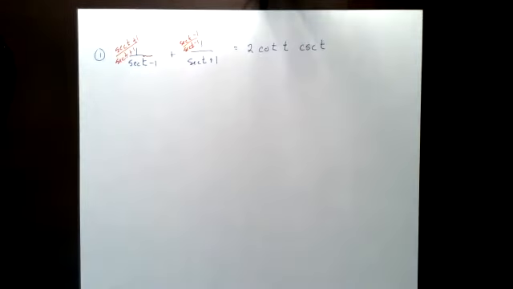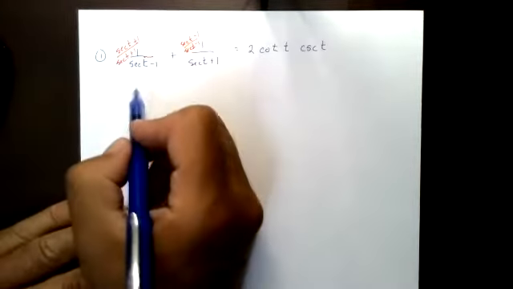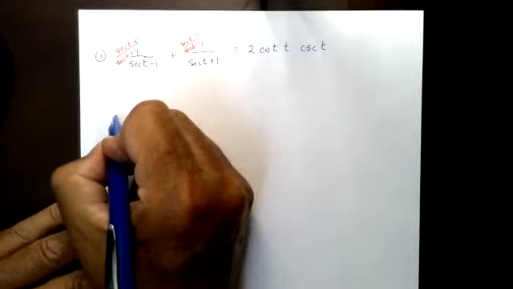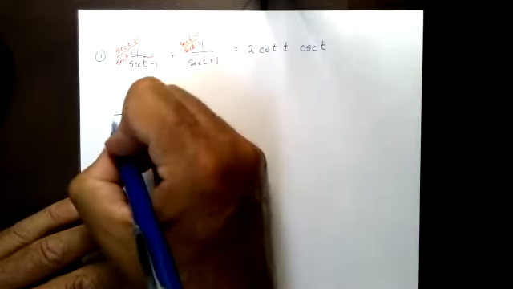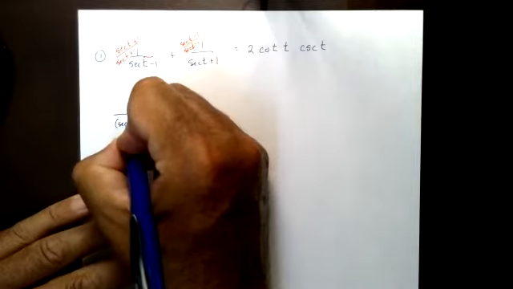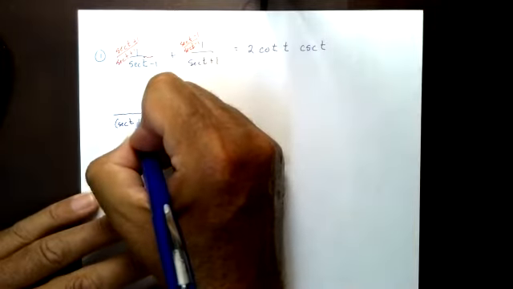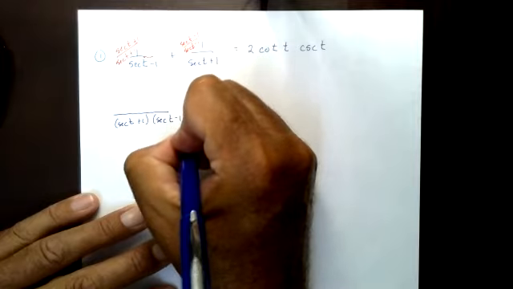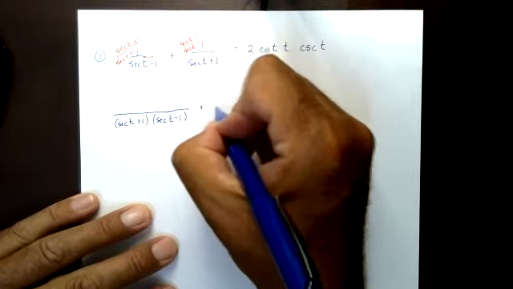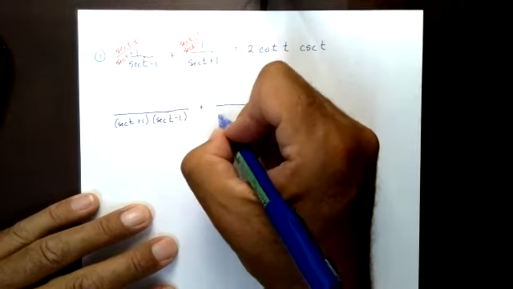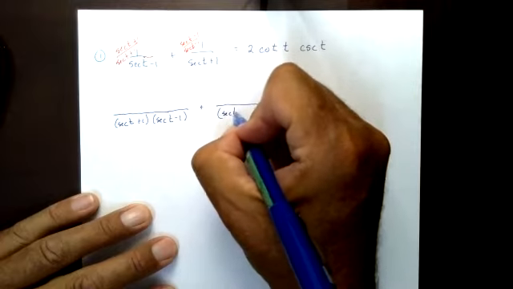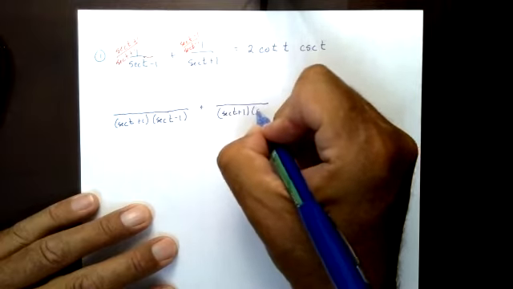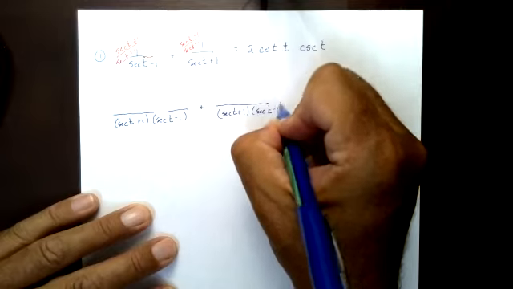So it got a little sloppy there, but let's see what happens when I clean it up. This left one is going to have the denominator of secant of t plus 1 times secant of t minus 1. And I'm going to have the same over here. Secant of t plus 1, secant of t minus 1.